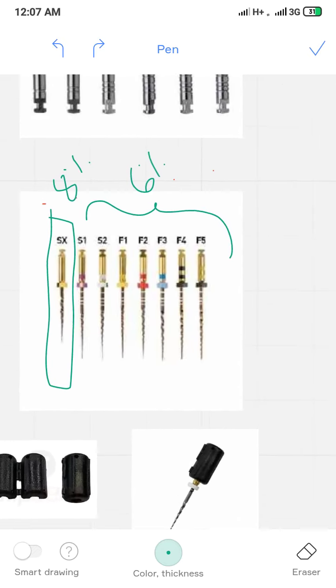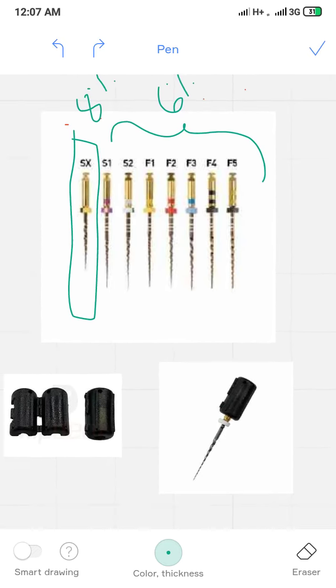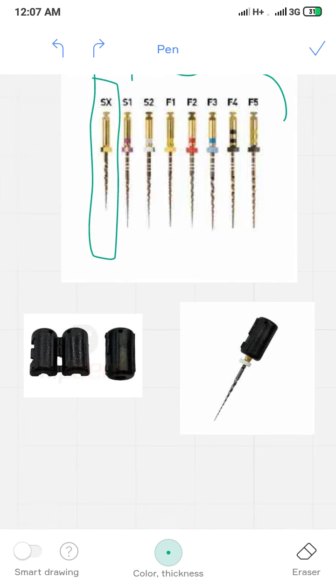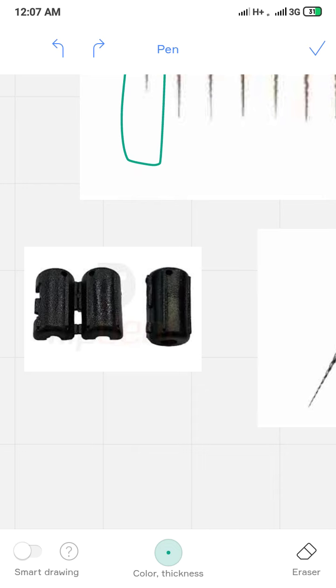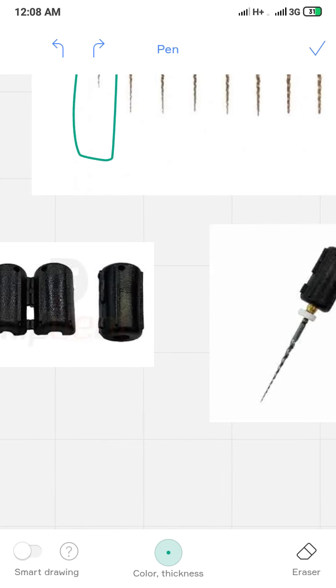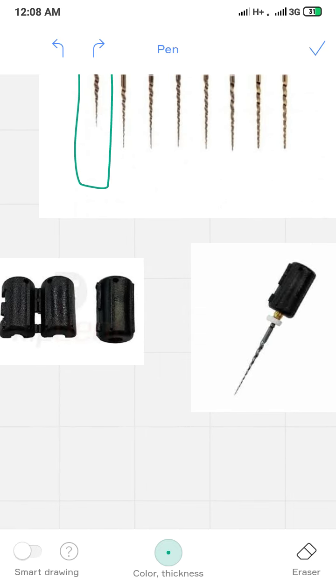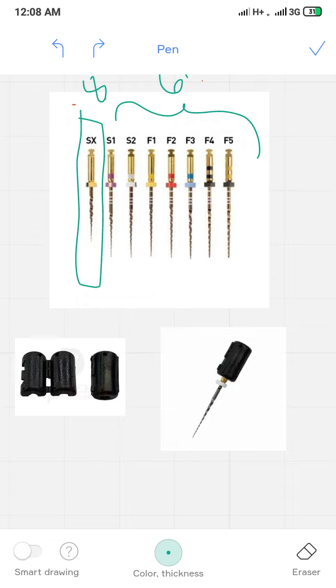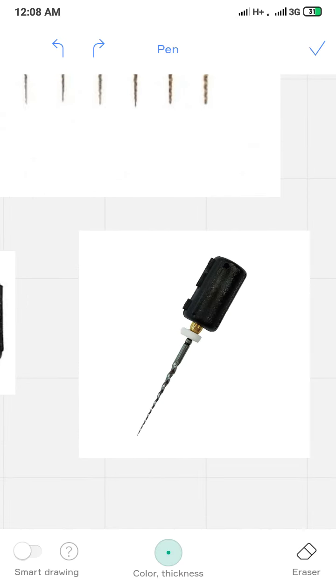Now, if you do not have an endomotor, you can still use these files as an orifice opener. What you can do is buy these hand file grips and attach them to the SX, and what you will have is a hand file.